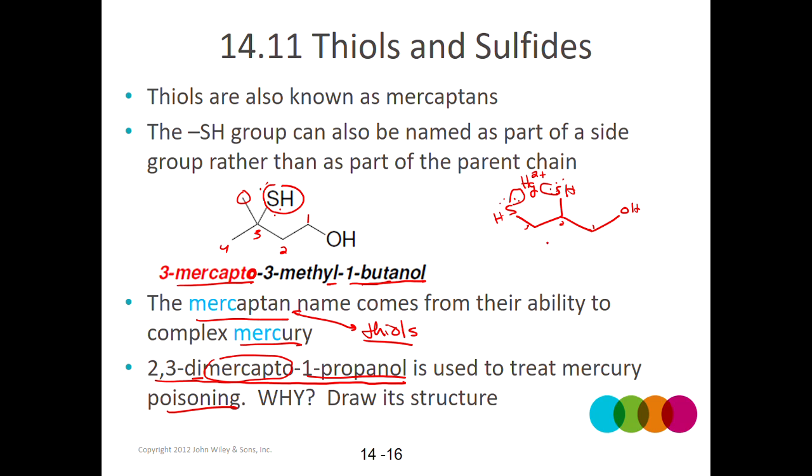So if you take this compound, which probably stinks really bad, and use that as a medicine, obviously you would do that as directed by a doctor, the attraction there can sequester the mercury, and it attracts so well to this molecule that it can be excreted rather than the mercury staying and potentially accumulating in your body.